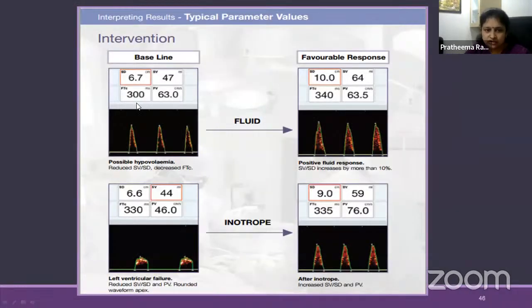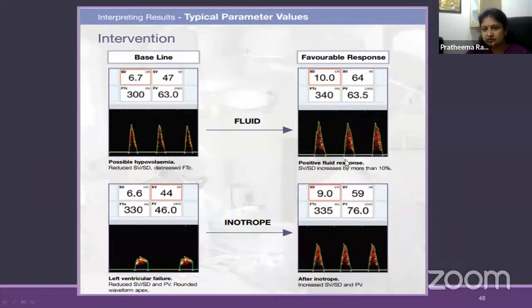So this is how it looks. How are we going to interpret? This is going to be the baseline. If we give fluid and the stroke volume increases, then it is a favorable response. Yes, everything increases. We can see the FTC also getting increased, and we see the graph. So for this, the diagnosis is possible hypovolemia.